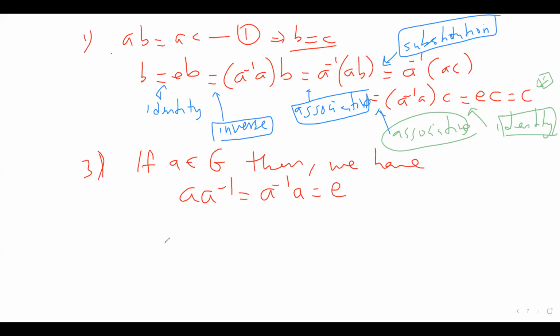So if we know that A is the inverse of A inverse, then since inverses are unique, we say that the inverse of the inverse of A is equal to A. So that is the third one, very straightforward.